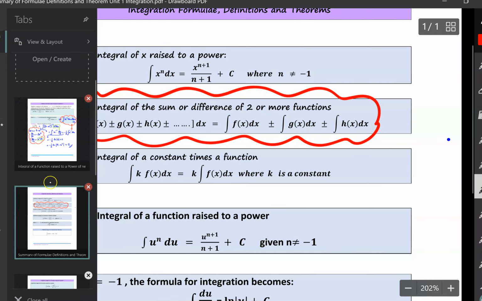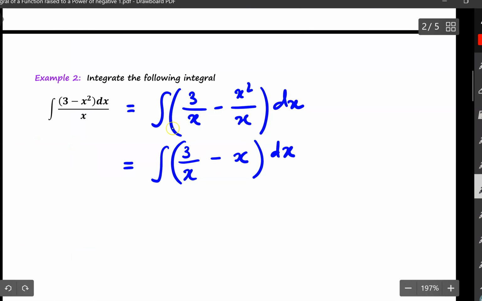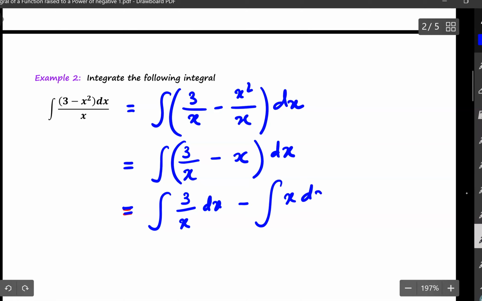So in this case, that's exactly what I will do. I will break this integral into two individual integrals. I will write it as the integral of 3 over x dx, subtract the integral of x dx.